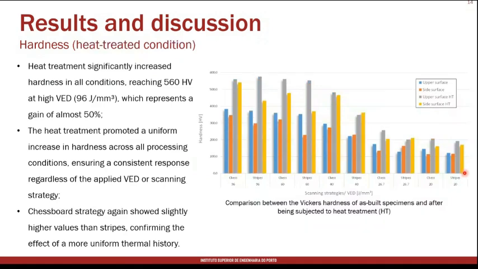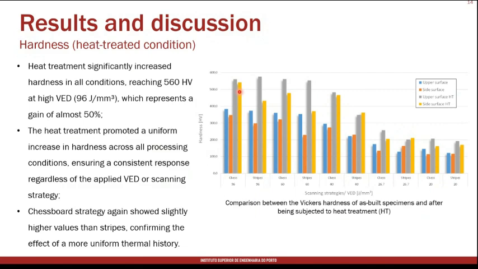Now, if we compare the hardness after the heat treatment, we can see that this treatment significantly increases the hardness in all of the conditions. These are the two columns to the right in each set. So we have an increase which represents in some cases up to 50% of gain in the hardness, and this is because of the uniform promoting effect of the heat treatment.